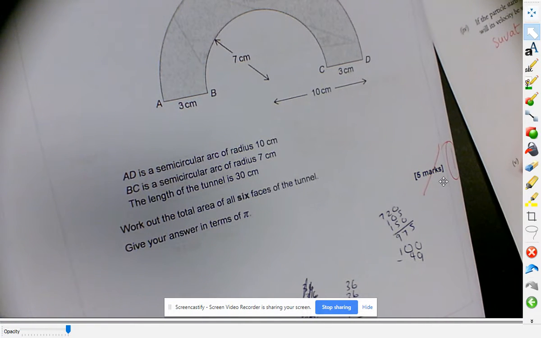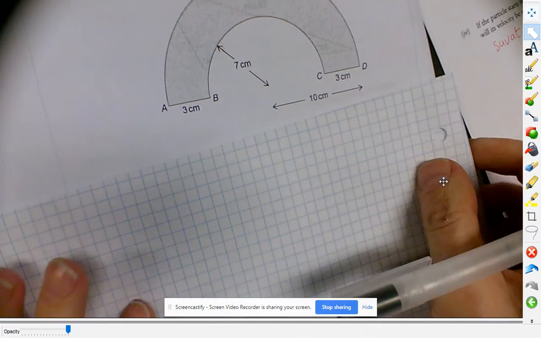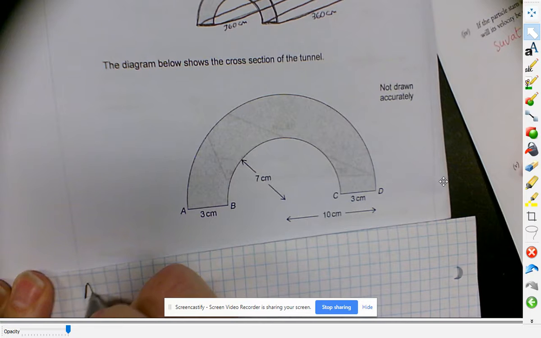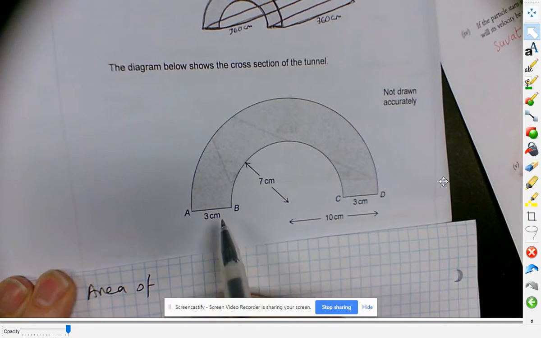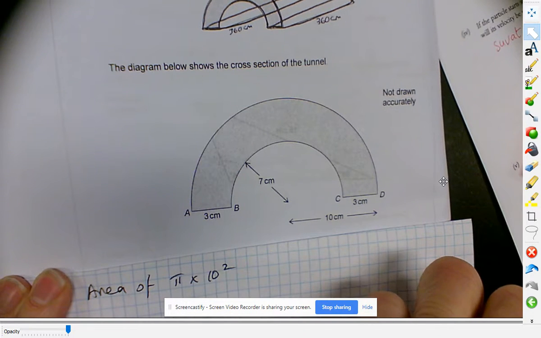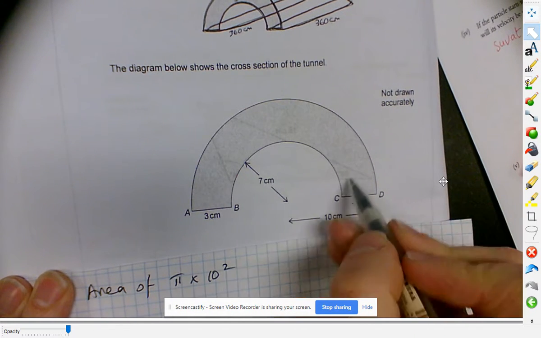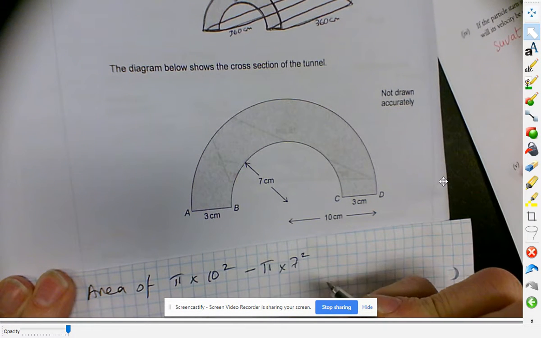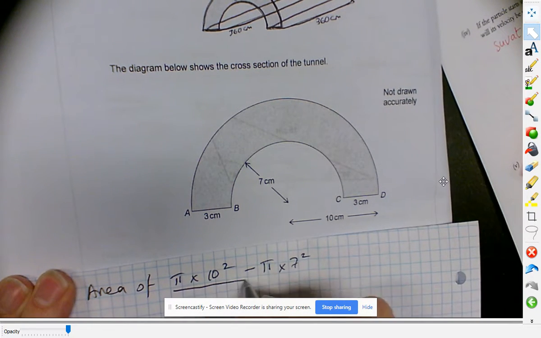Well, I suppose the place we start is working out the area of this face that we've been given. So the area of a full circle would be pi times 10 squared. But then I'm cutting out this circle, pi times 7 squared. And then I'm taking half of it.